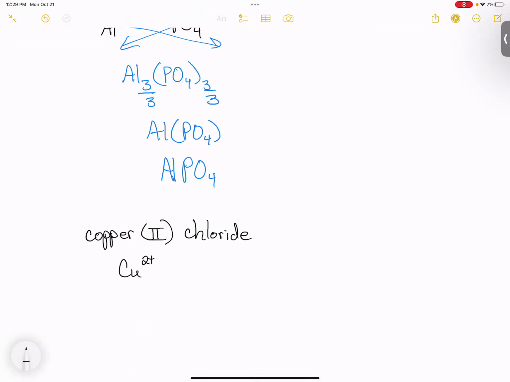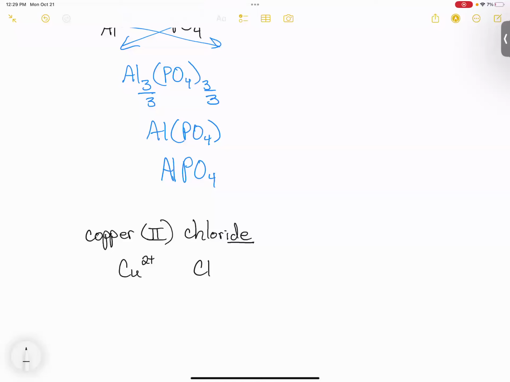Because you don't automatically know the charge, so I had to tell you what the charge was. Chloride, what does IDE tell me? It's an anion of an element or a polyatomic? An element. IDE tells you most of the time it's an anion of an element. So it's the anion of chlorine.